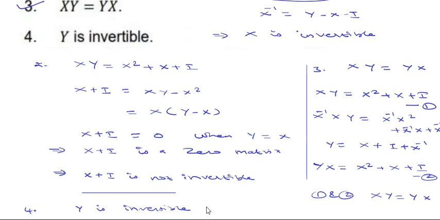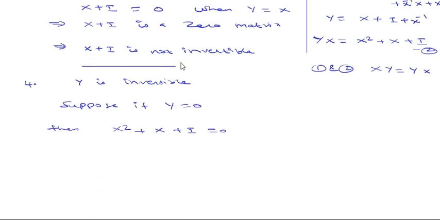From the given equation, when y equal to 0, xy will become 0, therefore x square plus x plus I equal to 0. So this is a second order equation, that is a quadratic equation. From this we will try to find x.